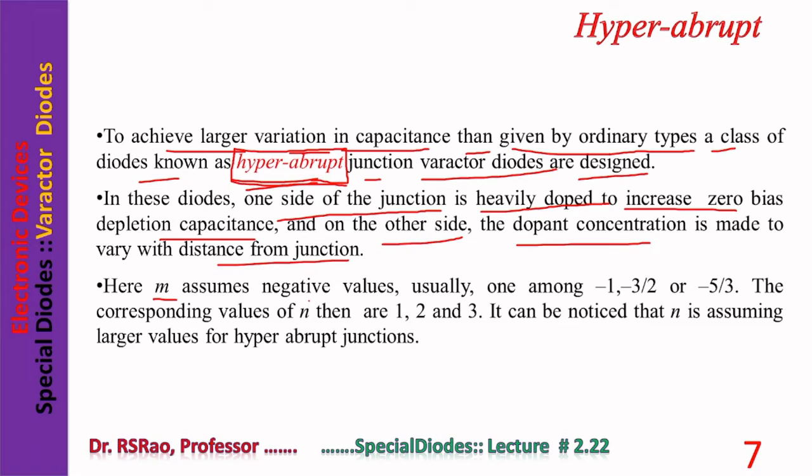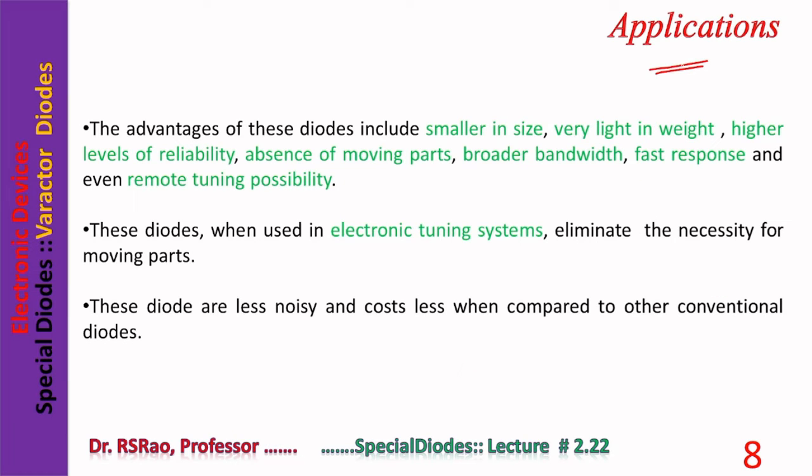Here M assumes negative values, usually -1, -3 by 2 or -5 by 3. The corresponding values of N then are 1, 2, 3. It can be noticed N is assuming larger values for hyperabrupt junctions. Grading quotient is large for hyperabrupt junctions.